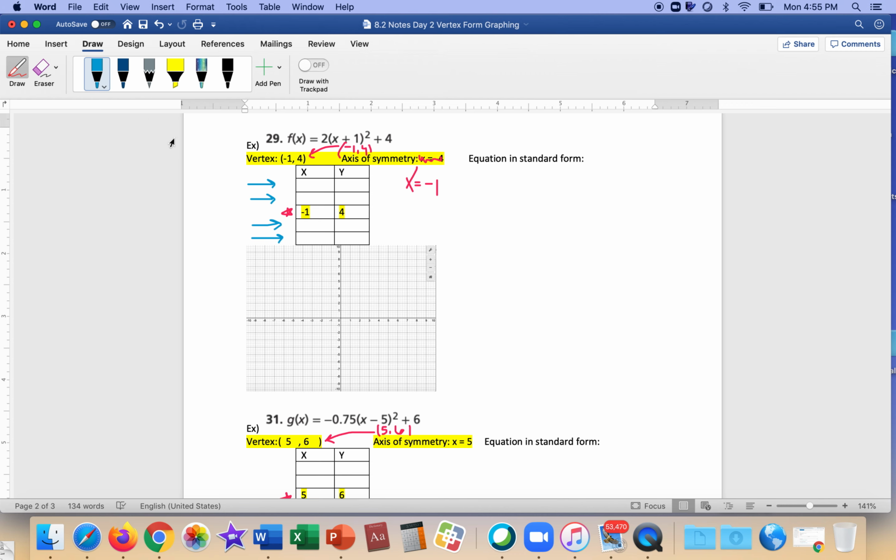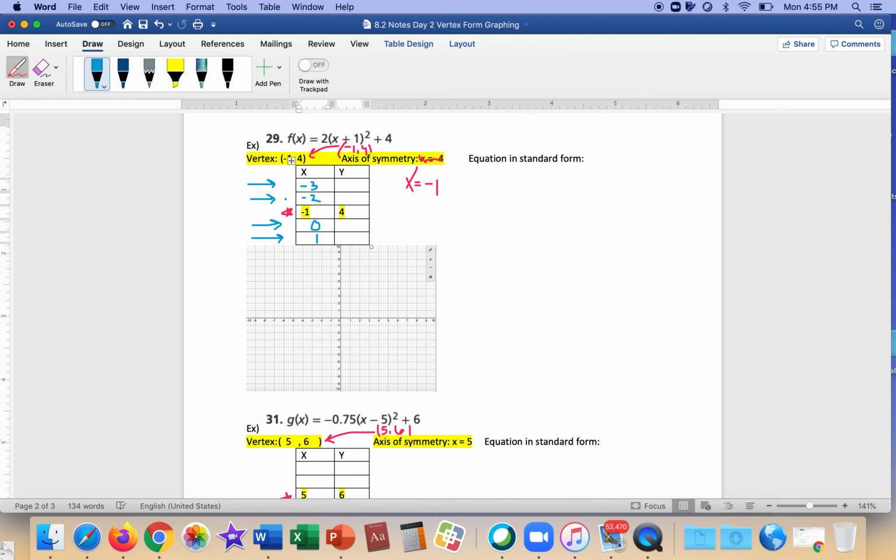So if I had a number line, I know that 0 is on the right, and then I'll do 1. One unit to the left of -1 would be -2. Another unit away would be -3. I picked those because, remember, if x values are equidistant from the vertex x, then the y values will be the same.